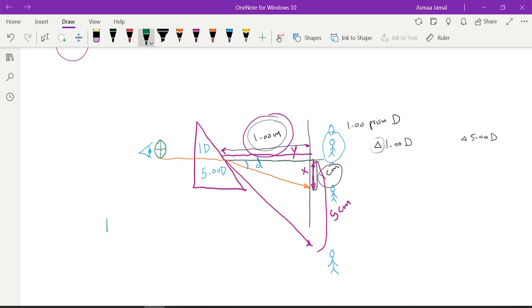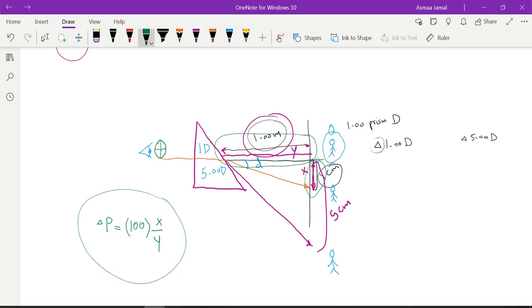So the power of the prism, let's use the symbol P, equals 100 multiplied by x over y. And as we said, x is the deviation amount and y is the distance at which we measured the deviation. This will give us the dioptric power of the prism.